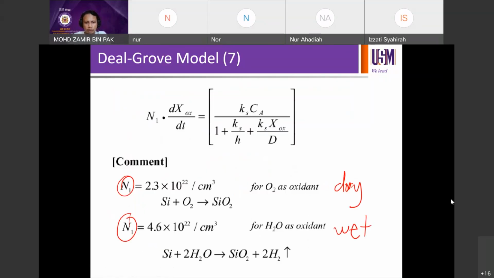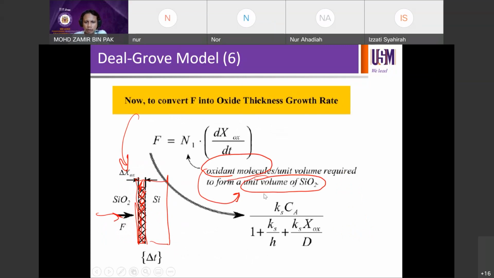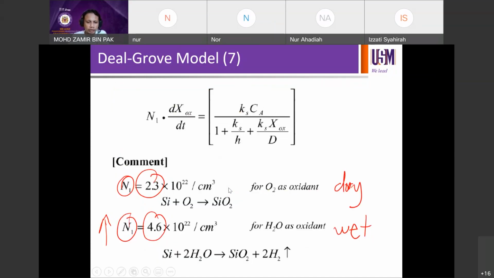For dry ox, your N1 equals 2.3 times 10 to the 22 per cm cubed. That will form silicon dioxide. And for wet ox, the N1 value is 4.6 times 10 to the 22 per cm cubed to form silicon dioxide as well. So from here, you can already tell that the value is higher for wet ox. That's one of the reasons you will end up with thicker oxide converted from unit volume of molecules in the oxidant.